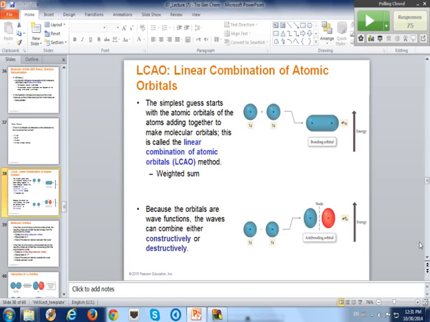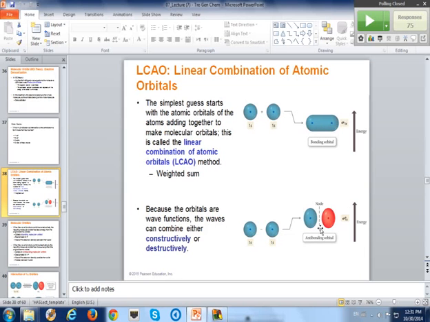And so in the first case, if we linearly combine by adding, based on the nature of the phasing for 1s atomic orbitals, we get constructive interference between those two atomic wave functions, right? Because the 1s is positive.